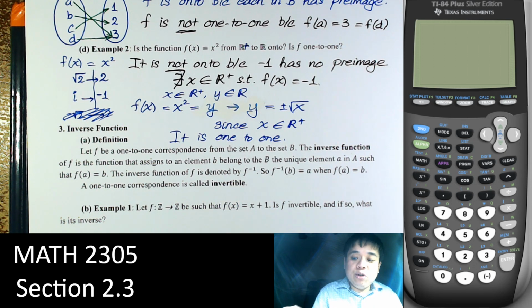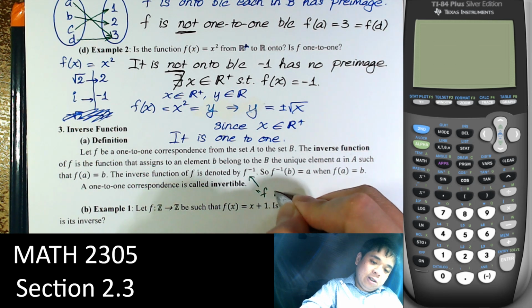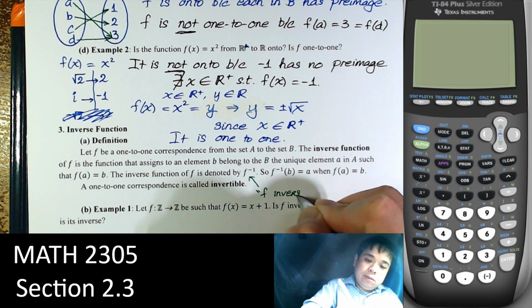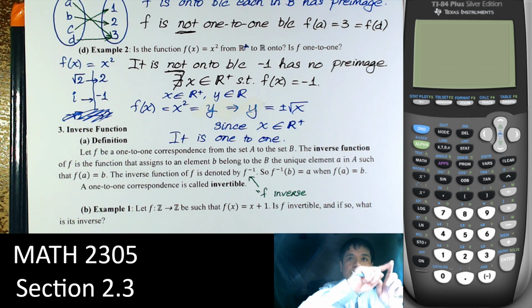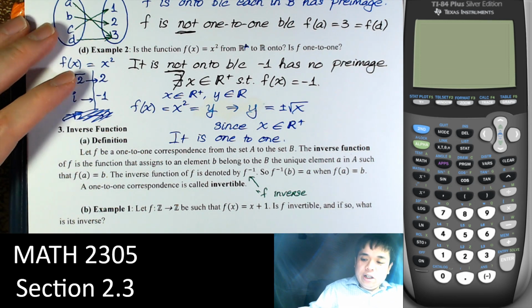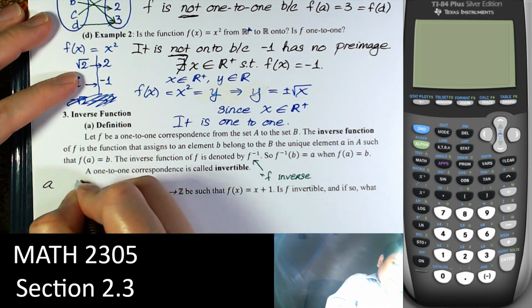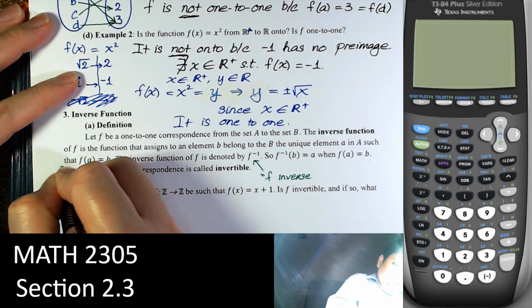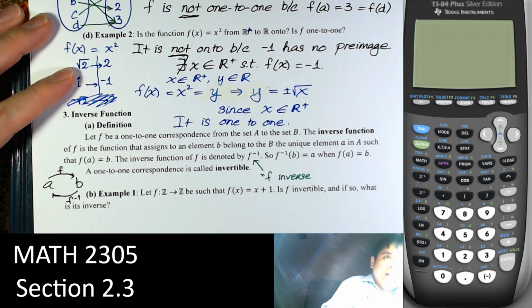We never say f to the -1, we just say f inverse. So f inverse of b is equal to a when f of a equals b. A function gives us A to B, and the inverse gives us back from B to A.